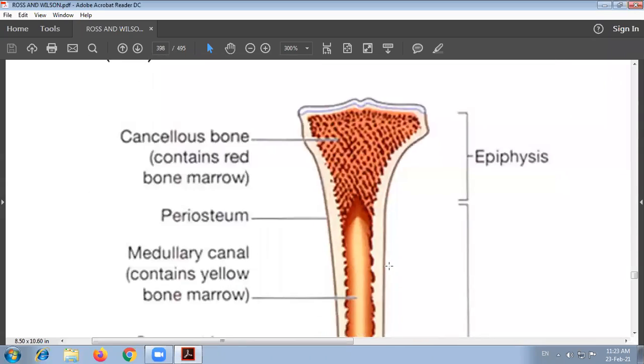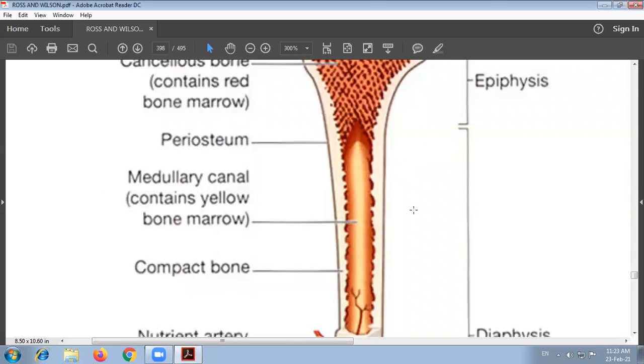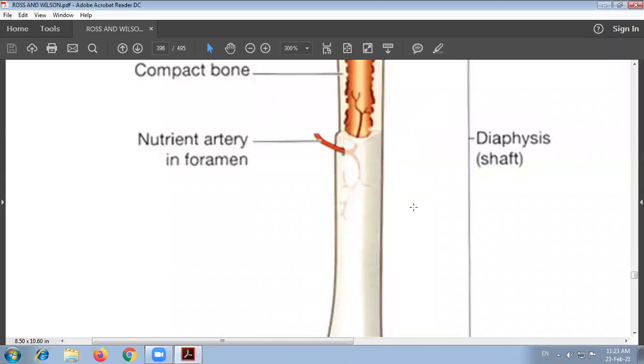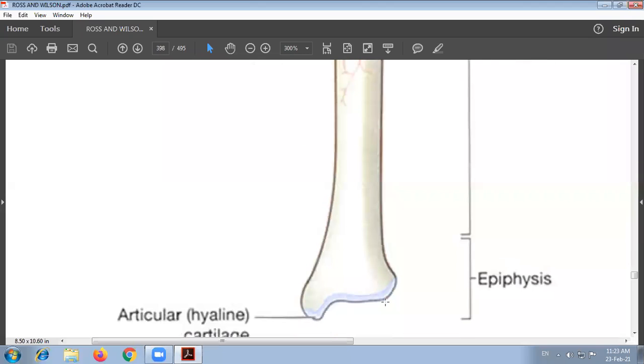So in this diagram, we can see the bone, and if we take the structure of bone, you will see a normal bone has processes which are divided into different parts. We can call them an epiphysis, then the diaphysis that acts as the shaft of that bone, and the epiphysis at the other end.